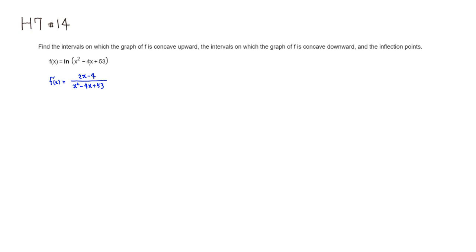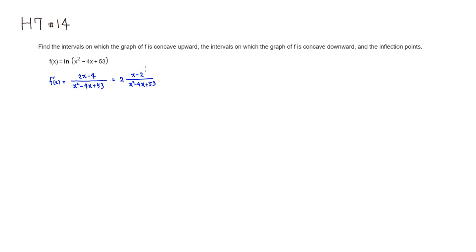That's the first derivative. I'm going to pull out 2, because 2x has 2 in it, 4 has 2 in it. So you're going to have simply x minus 2, then on the bottom you have x squared minus 4x plus 53.